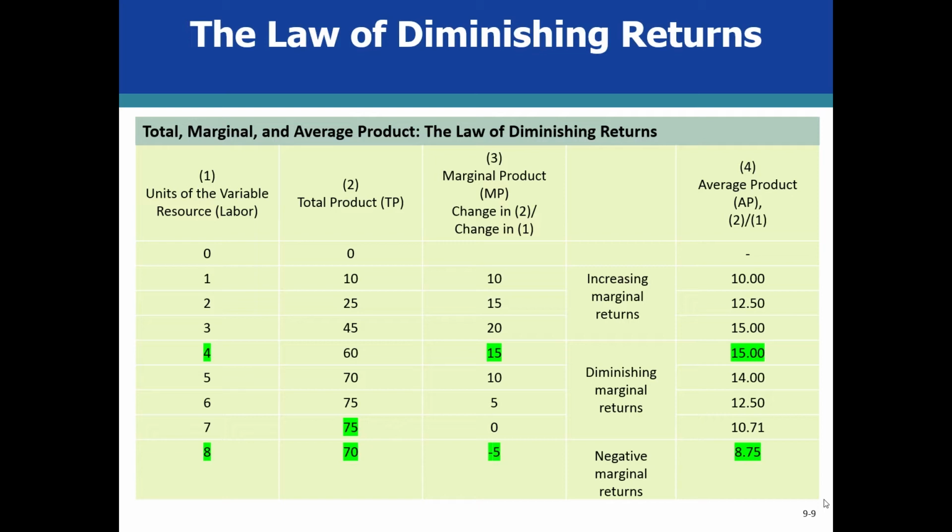But let's concentrate on column 3. This shows that marginal product continues to increase as more labor is added up to a total of 4 units of labor. Up until this point, the firm had increasing marginal product.